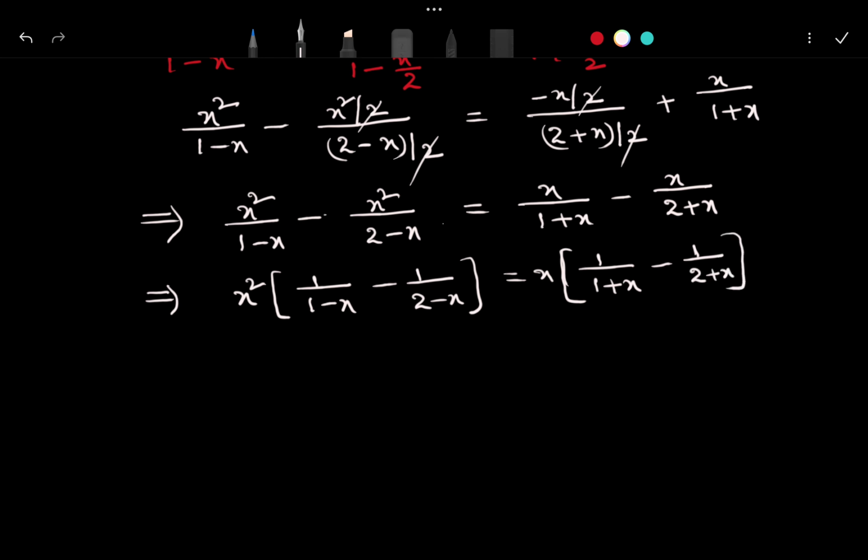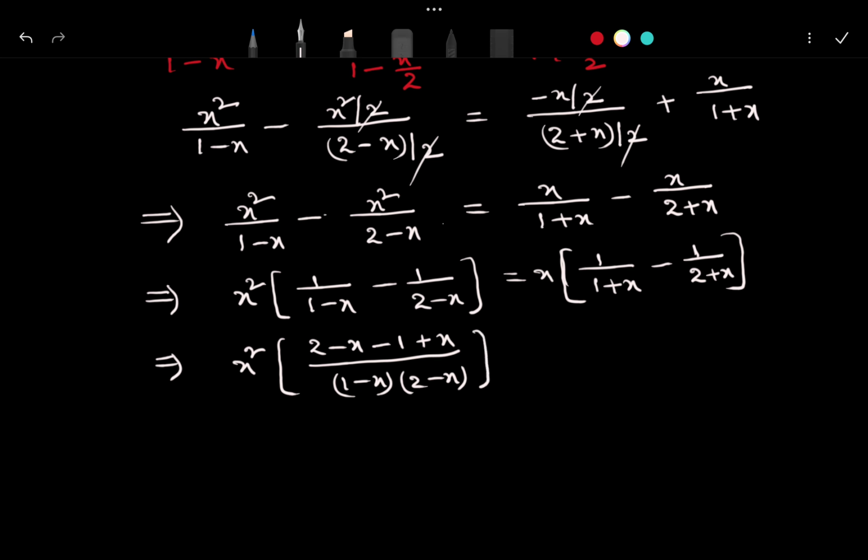Now take the LCM: x square into 1 minus x into 2 minus x. Now the numerator will be 2 minus x minus 1 plus x. Here this value will be x into 2 plus x minus 1 minus x, divided by 1 plus x into 2 plus x.